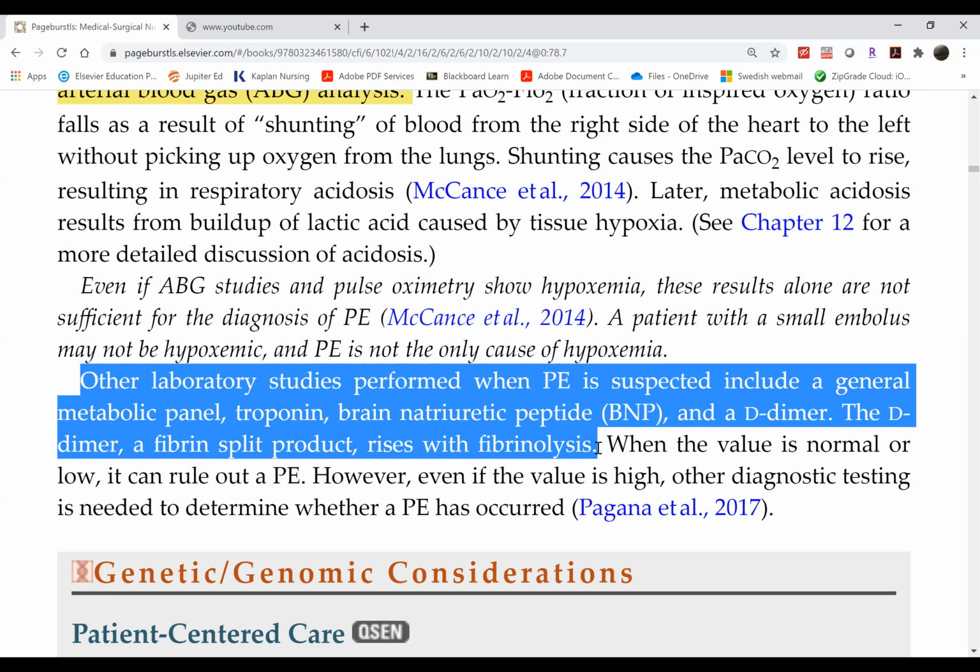Therefore, to make a fast diagnosis, we will draw everything. Number one, metabolic panel. That will give us our chemistry to see if there are metabolic imbalances causing these symptoms. We're looking at kidney function, liver function, electrolyte panel, and then troponin, of course, that's specific to a heart attack.